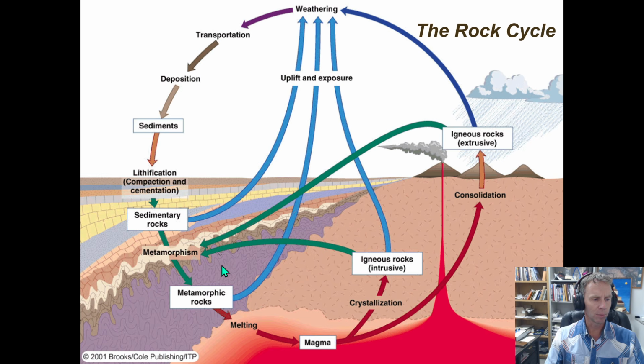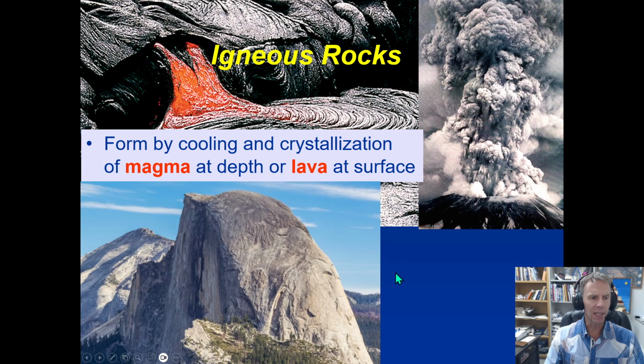Rocks that are heated or put under pressure can change into metamorphic rocks. But once rocks are melted, we're back to the igneous part of the rock cycle. This diagram helps us understand how rocks change, generally slowly, on planet Earth over time. So we're going to be focusing on the igneous rocks.